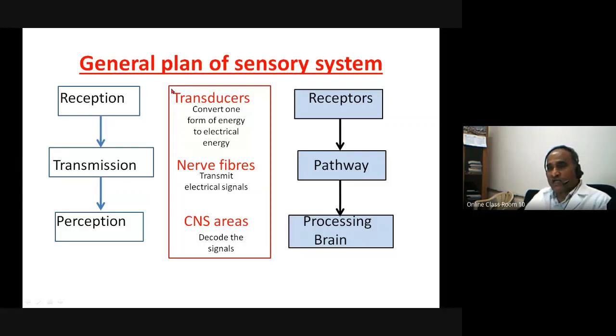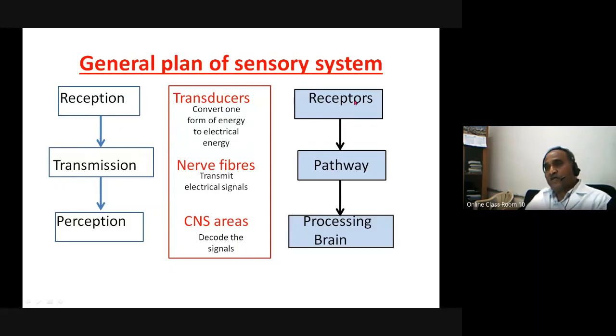If you are trying to join here the receptors, what they do is convert one form of energy to electrical energy. They are transducers, and these electrical signals are transmitted in the nerve fiber.